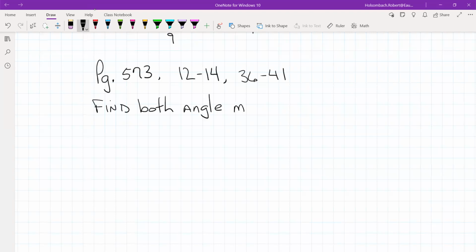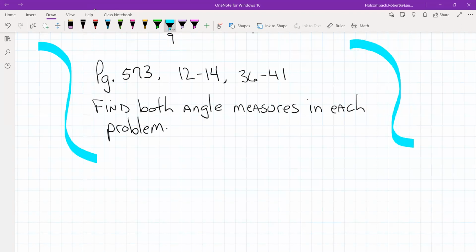Find both angle measures in each problem. For your own benefit, I would find both of the angle measures using your ratios and not finding one and then subtracting from 90. You'll benefit come quiz day. Any questions?